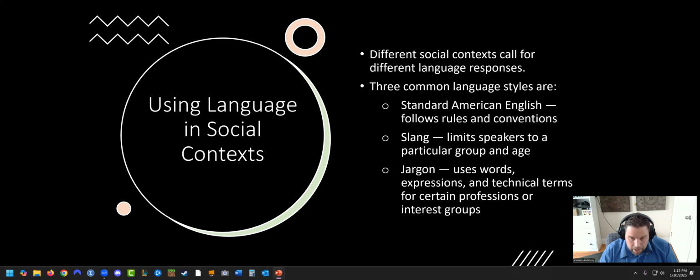This doesn't necessarily denote accents and things like that, but that does play a role in everything. But for example, in the United States, regardless of whether you're in New York or California or Texas or Louisiana or Florida, generally, at least academically, you're going to be taught the standard rules of American English, and people are going to follow those rules and conventions in their communication, even if they speak a little bit differently from one another.